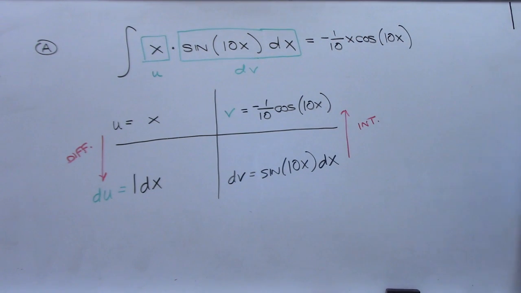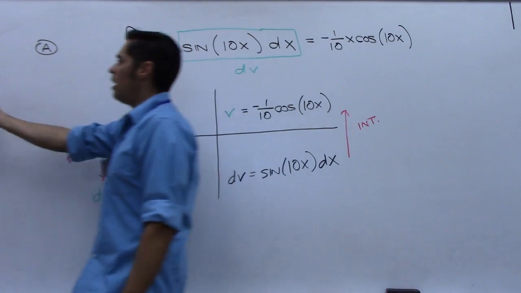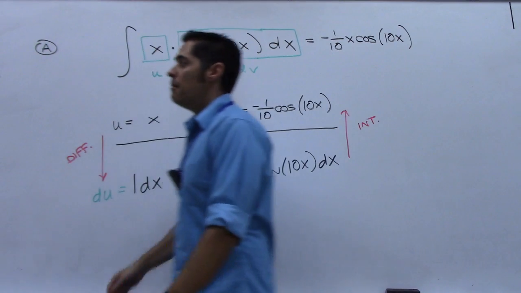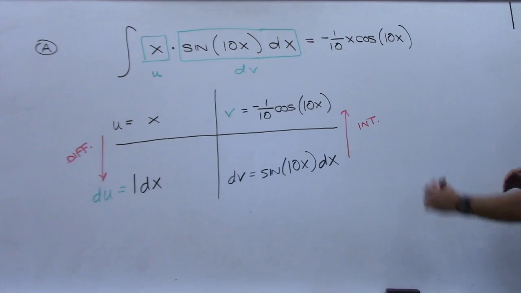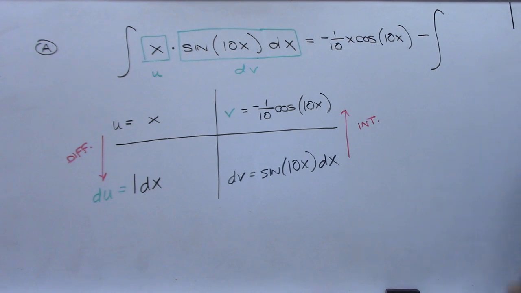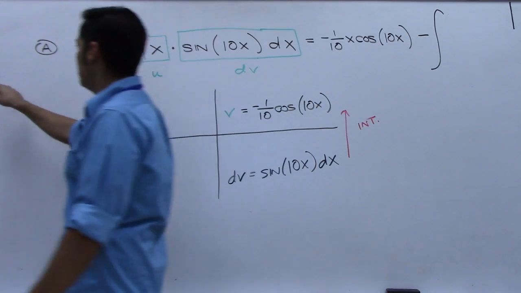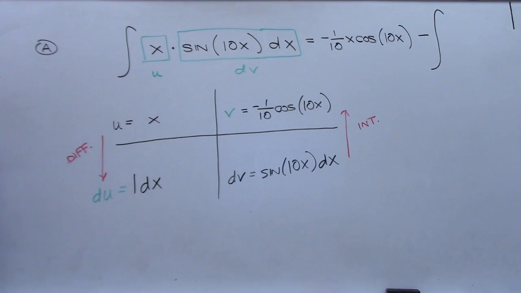Okay, good? uv. See, no integral here, right? There's no integral in that part of the formula. Then minus, now an integral of what? v times du.